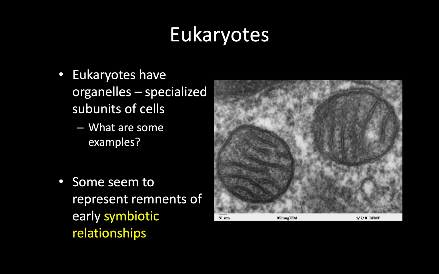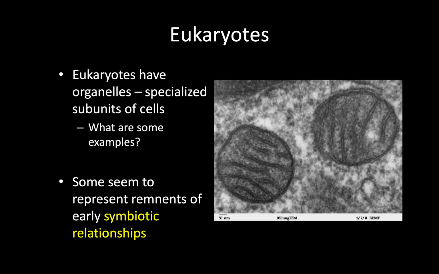They're subunits of cells. Some examples are things like the nucleus, the ribosomes, the chloroplast, the Golgi bodies, and the very famous mitochondria, the powerhouse of the cell.